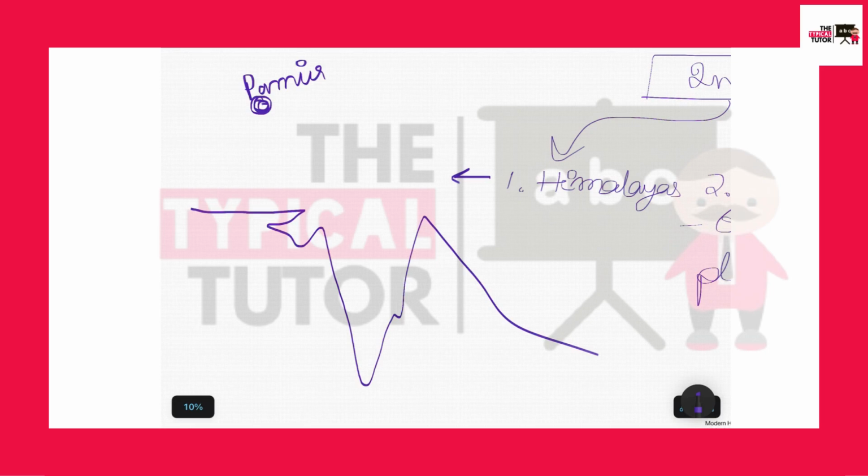The Himalayas extend from the Pamir Plateau up to the northeast of India. So from the extreme northwest of India to the northeast, the Himalayas run. Now, to the north of the Himalayas, there is the Karakoram range.